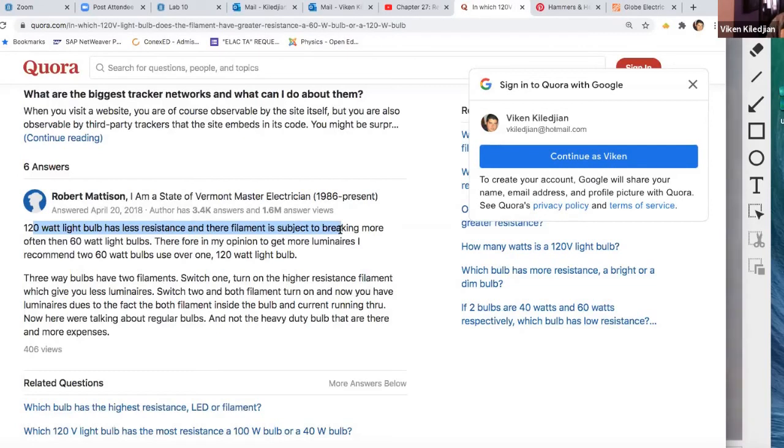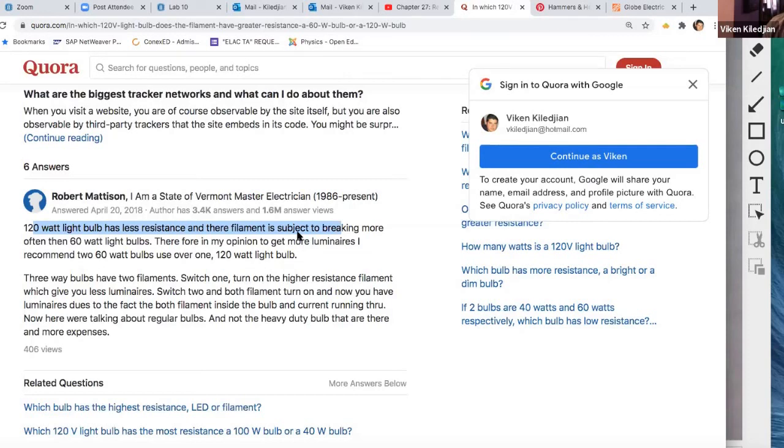That's because if they have less resistance, that means they are shorter, right? Or their area is bigger. Well, the area being bigger wouldn't cause them to break more easily. So why is it that they're subject to breaking more?